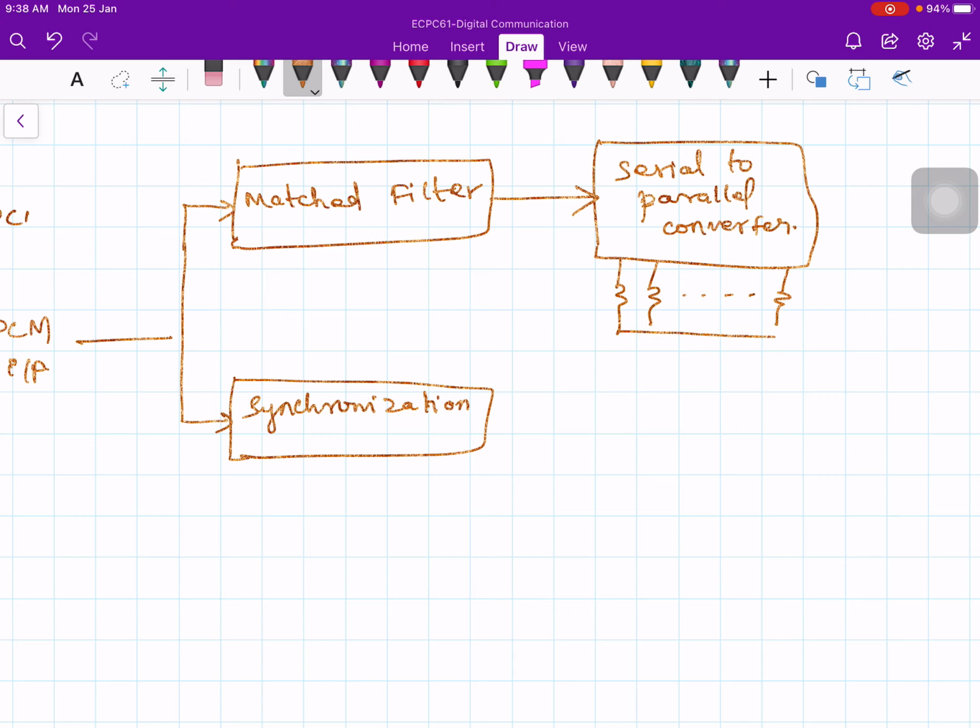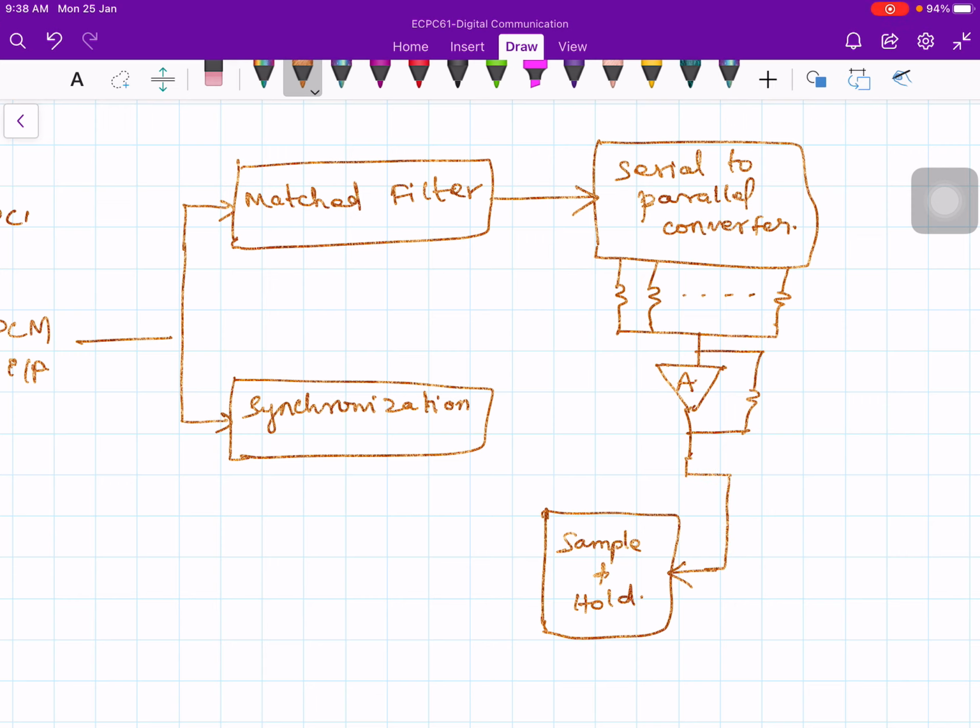And then you combine everything, give it to amplifier, op amp, feedback path, then sample and hold, okay, and low pass filter, that's it.